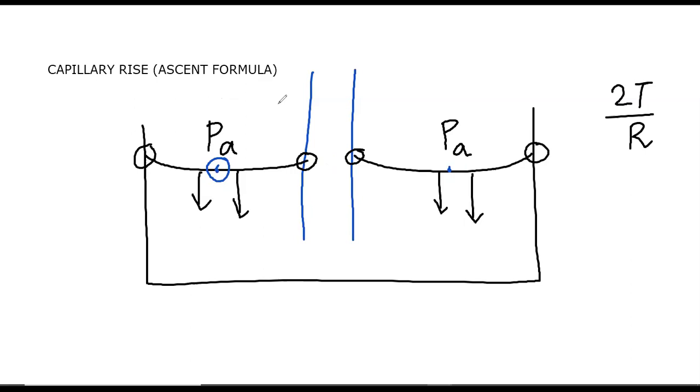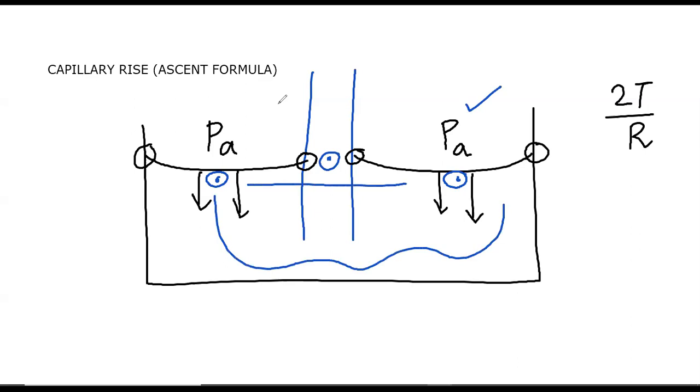But if I consider a point slightly lower, a point here, it is lower by 2T by R. So that means if I consider a point here, which is expected to be at PA, because according to Pascal's law all points at the same height in a given liquid column should be at the same pressure. But because we are within the liquid here, there is a pressure 2T by R, which is less.